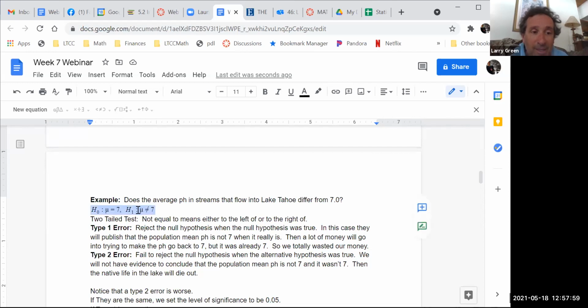So the idea is we're doing a two-tailed test because our hypothesis had a not equal to. So that means we're looking at the left and right side. So you look at the mirror reflection. Again, 6.9 is 0.1 below, 7.1 is 0.1 above. So it's both sides.